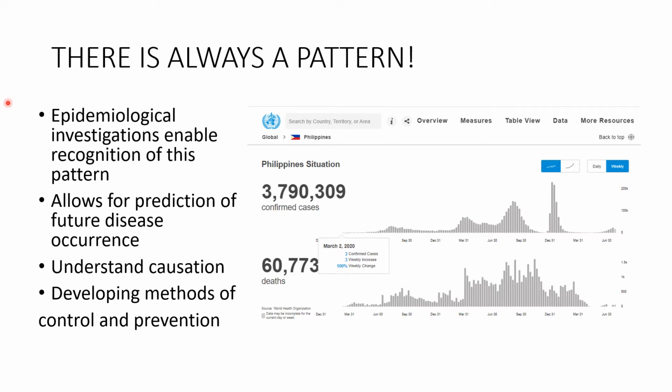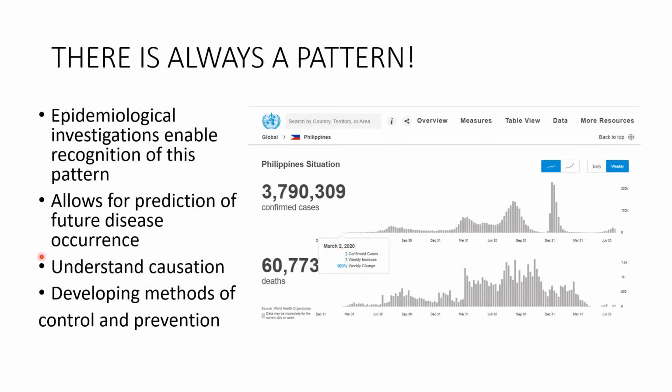Now, epidemiological investigations actually are conducted for epidemiologists and for, of course, the general public for us to recognize these patterns. It is important that we recognize these certain disease patterns because it allows for the prediction of future occurrences and allows us to understand what may have caused it, what are the factors associated with it, to understand causation.